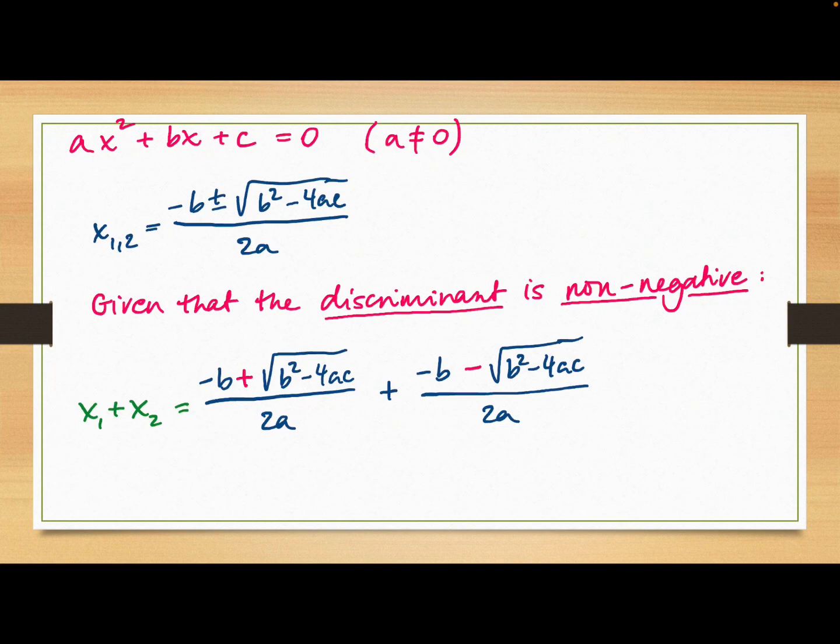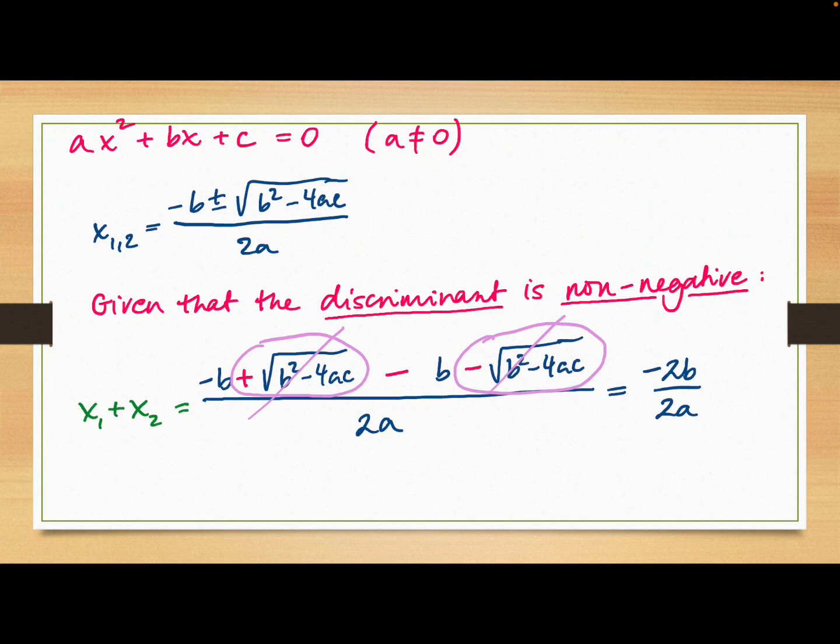The sum of these 2 roots again can be collected by putting them first on the same bar as they have a common denominator, 2a, and collecting everything in the numerator. You can again see that the square root of the discriminant appears once with a plus and once with a minus, therefore they will cancel each other.